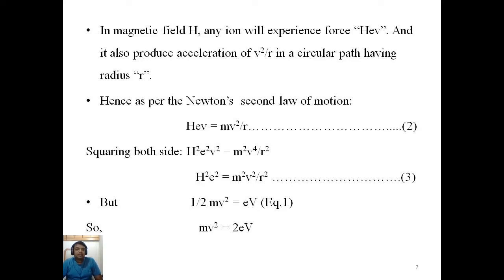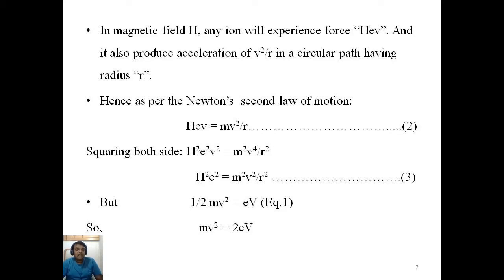So here it also produces an acceleration of v square upon r in a circular path having radius r. Why is this acceleration produced? Because the molecule has its own electron charge too. So this charge e and the velocity are acted on by the electromagnetic force, and that is why the traveling path is increased for the particular radius r of the molecule.